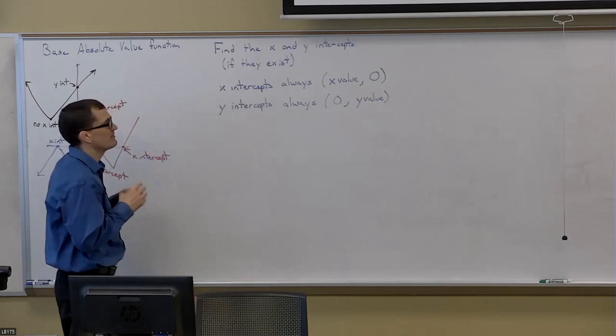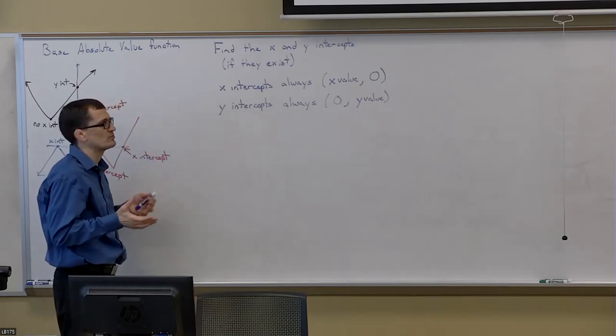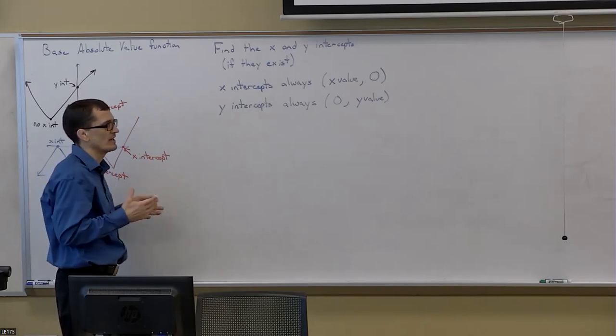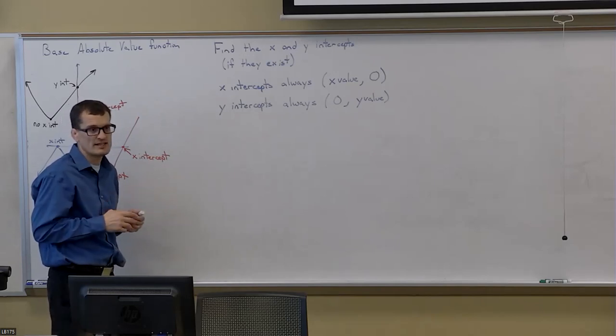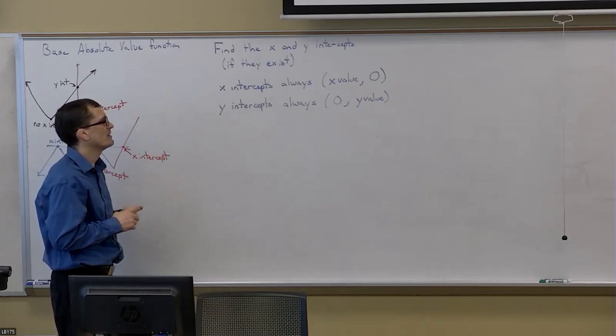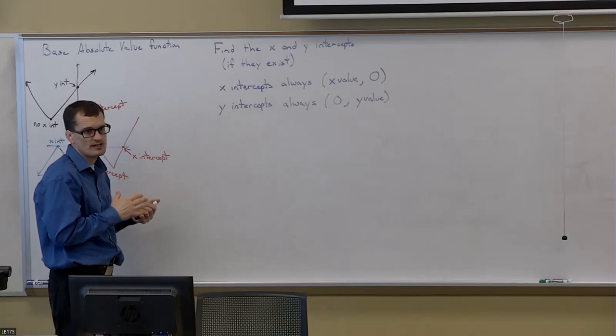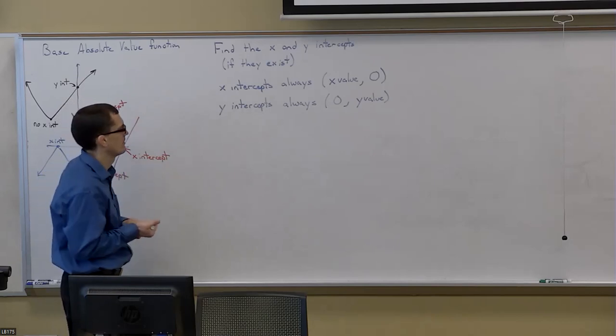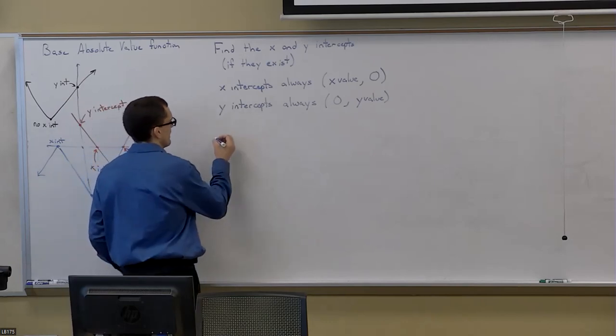So if we're looking for x-intercepts, what we do is we just plug in 0 for y and see what value of x I get or can get. If I'm looking for y-intercepts, I plug in 0 for x, figure out what value of y I get. So let me write that down.